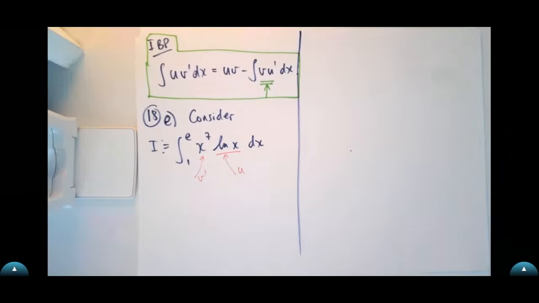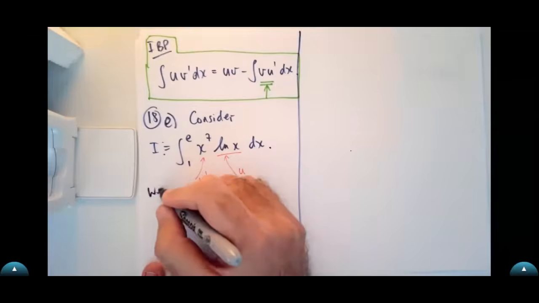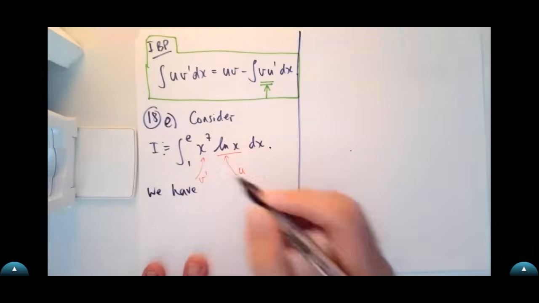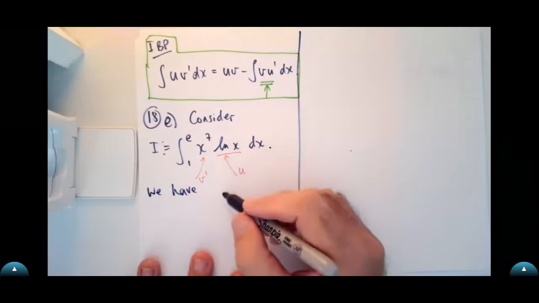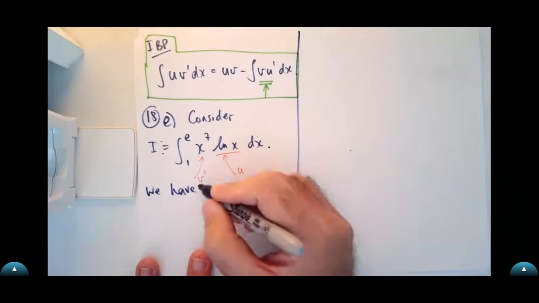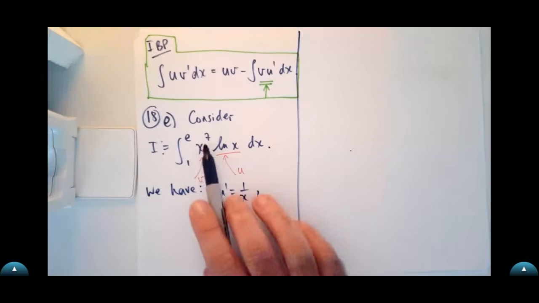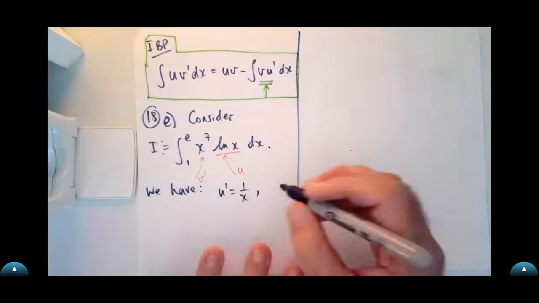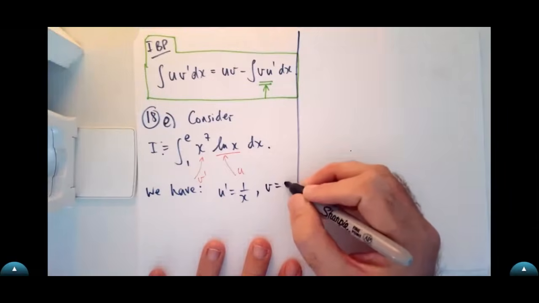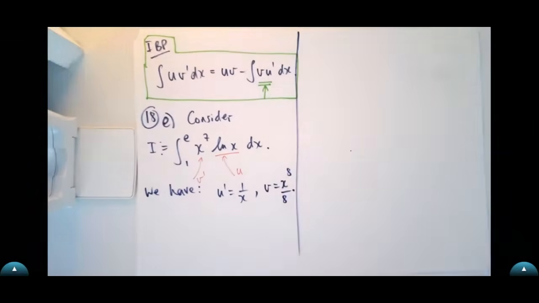Okay? So if they are my choices, then if you use that, u dash is going to be 1 on x. And if v dash is that, the integral is going to be v. Okay? So now we have four things.